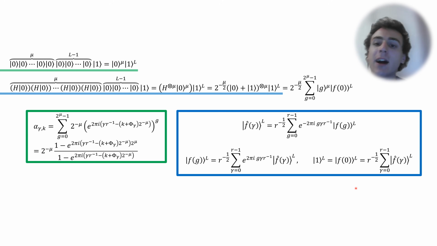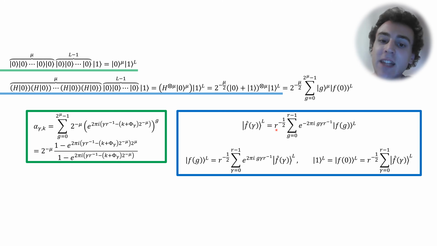So why can we not prepare these eigenstates at the beginning of the algorithm? Well, it's because in the definition we have r. So r is part of the definition, but r is the unknown. That's what we're trying to find using this order finding algorithm. So that is why we're not allowed to initialize in these eigenstates. So we have to use this trick, and we have to initialize in a superposition of eigenstates.